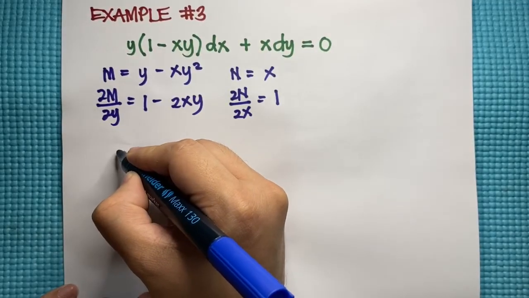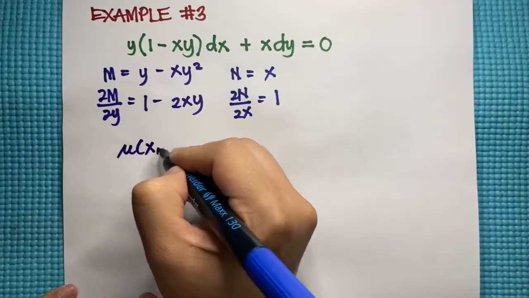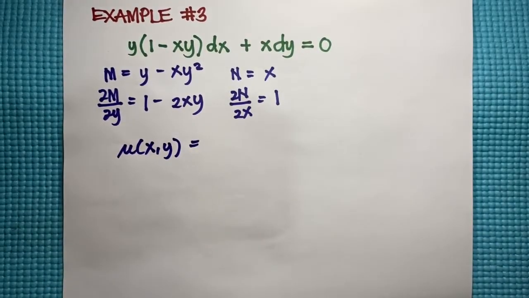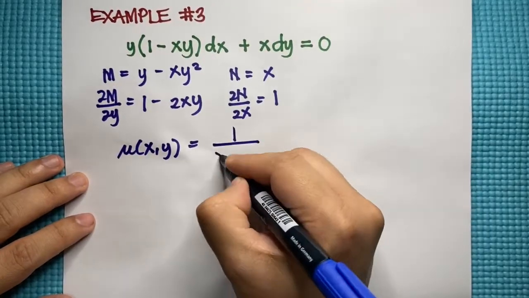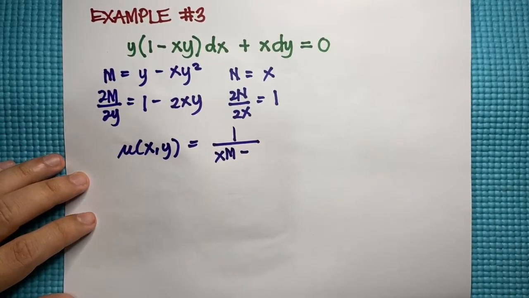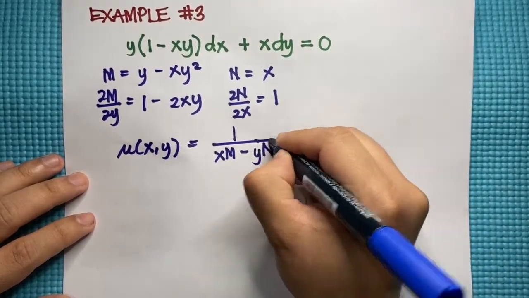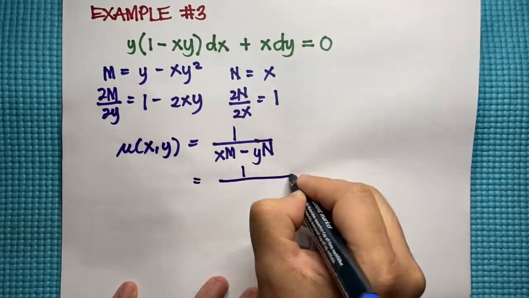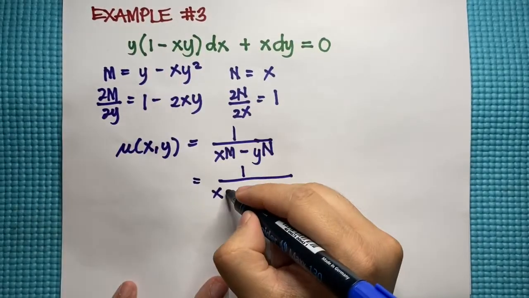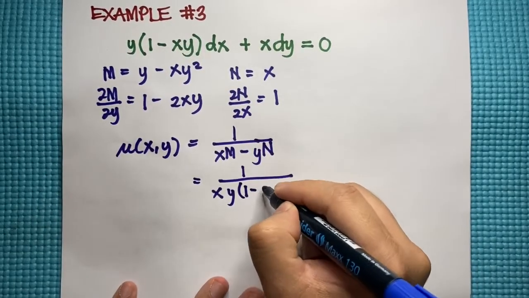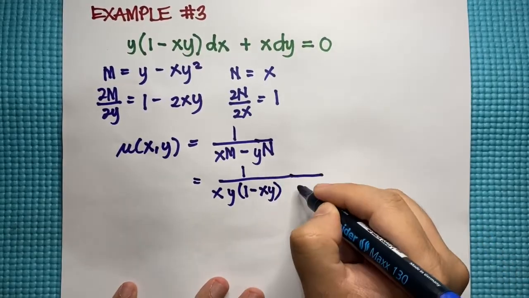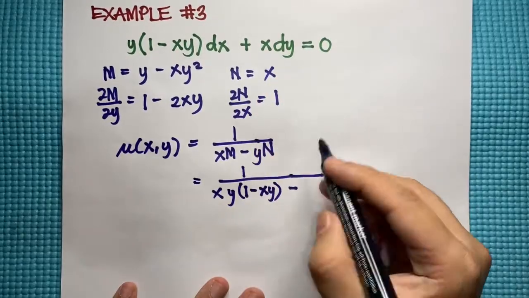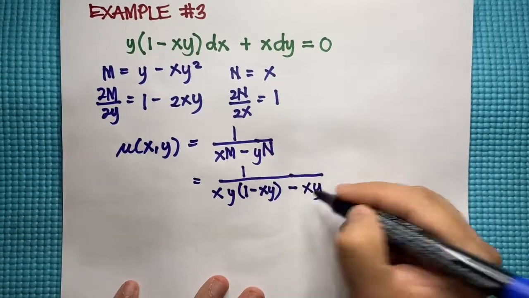So it is very direct that our integrating factor, mu of xy, is equal to 1 over x raised to m minus n. Multiplied with n, that is 1 over x, where our m is y multiplied with 1 minus xy, and minus n here is x, so minus xy.